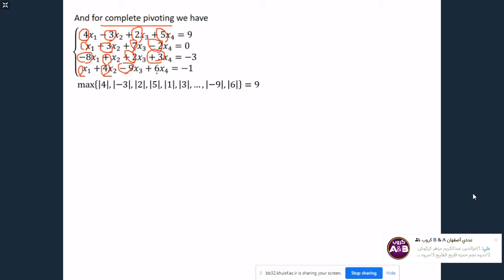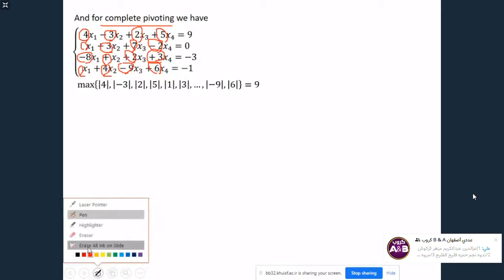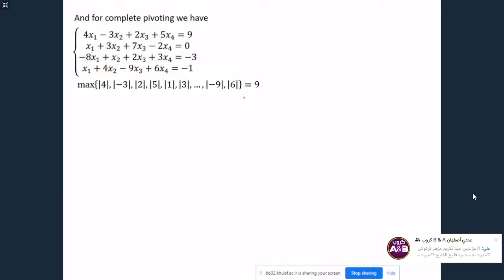I mean all coefficients. That is 9, the maximum coefficient in our system.